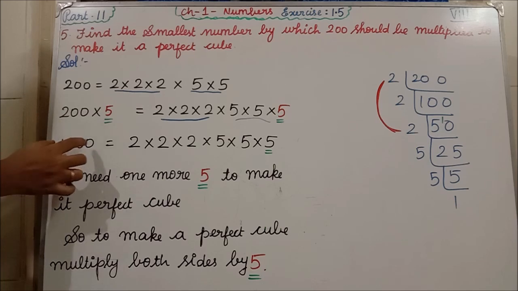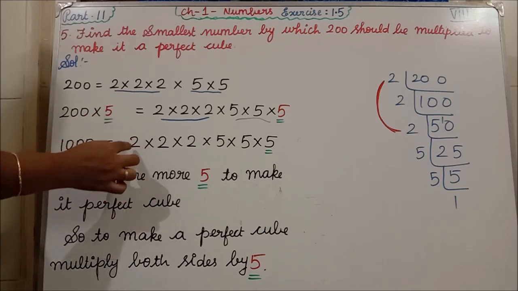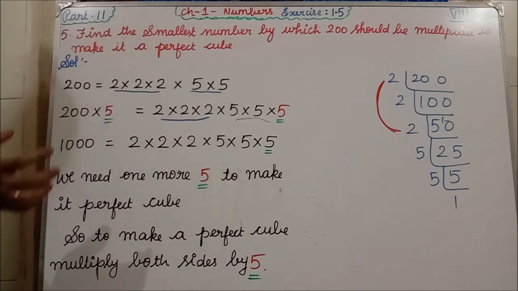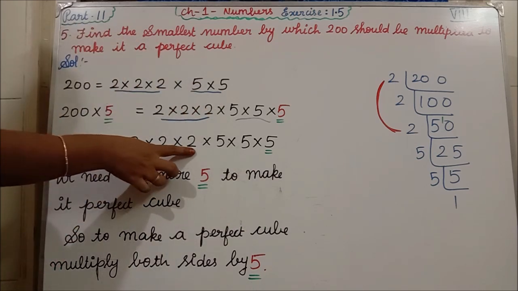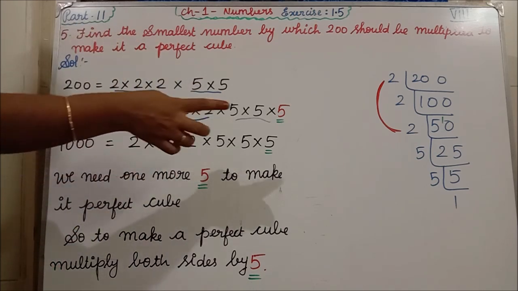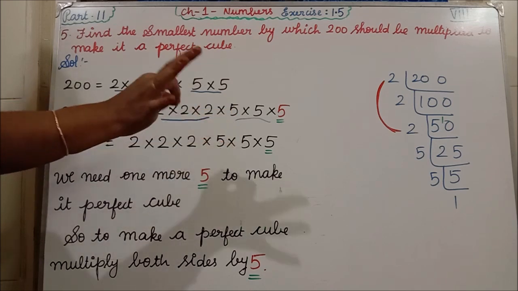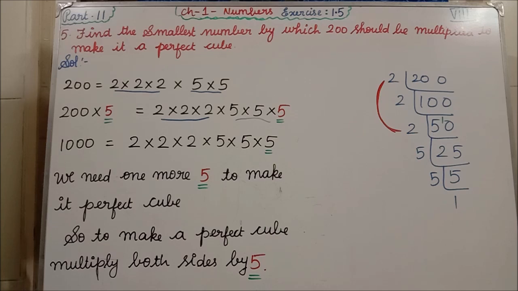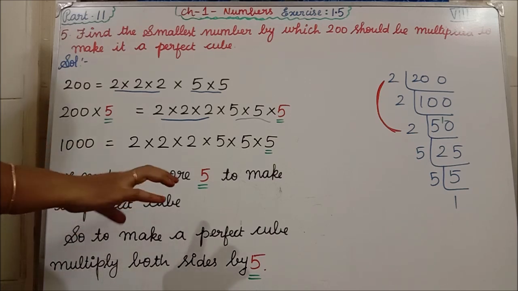Clear? So 1000 if you factorize, we will get 2 into 2 into 2 into 5 into 5 into 5. Now observe here 3 2s we are having and 5 we are having 3 times. So the 1000 is a perfect cube number. Clear? So we are writing that in the statement form.